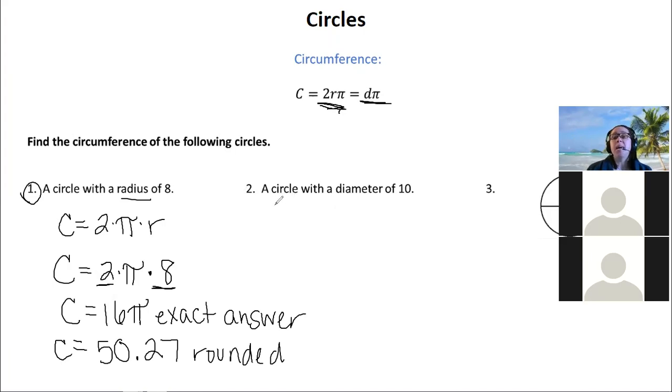So what would my circumference be for number 2? What would be the exact answer for a circle with a diameter of 10? What would I take that 10 and multiply by?